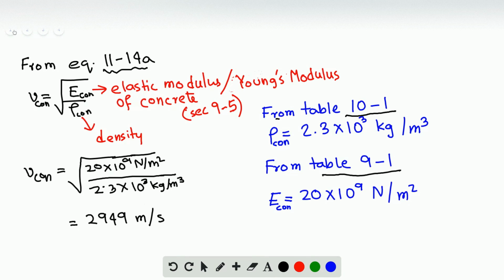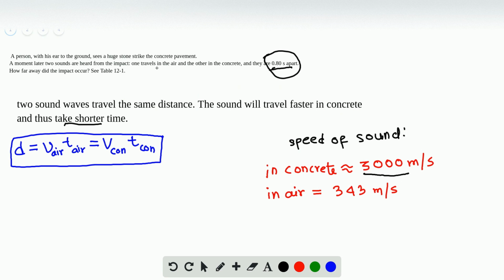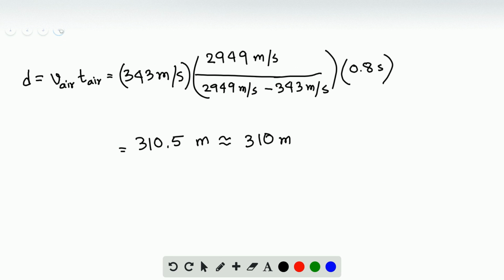If we look at the initial number, we see that it's pretty close. So the exact value is 2949 meters per second, and we'll be using this exact value for our calculation.